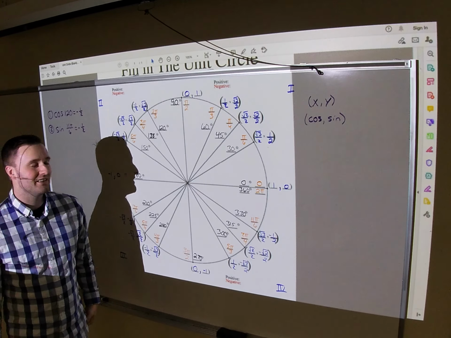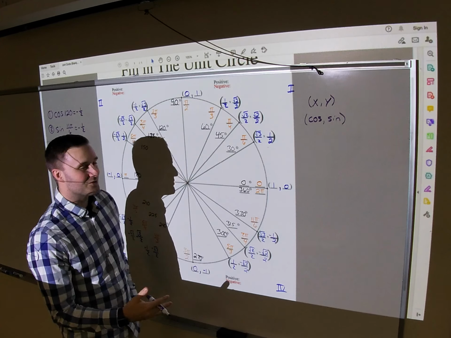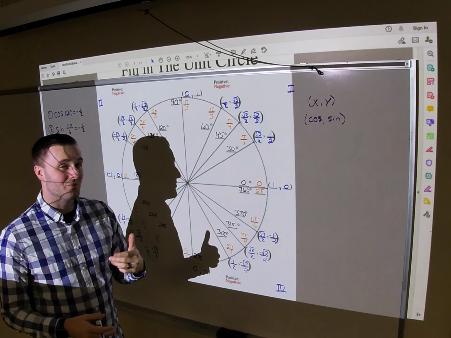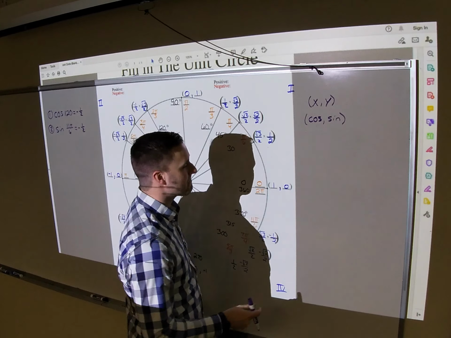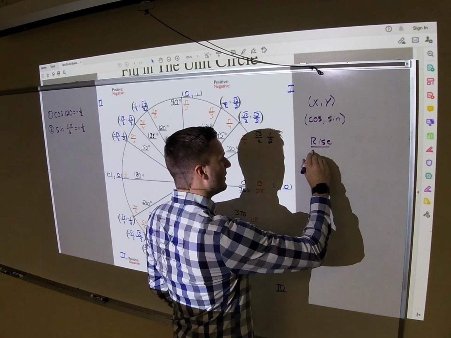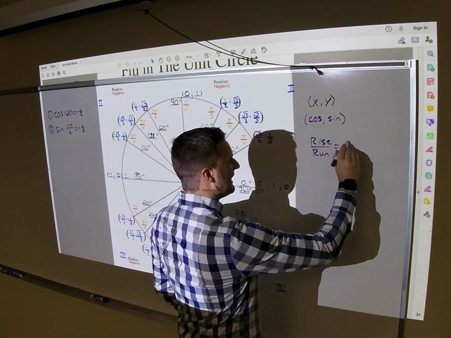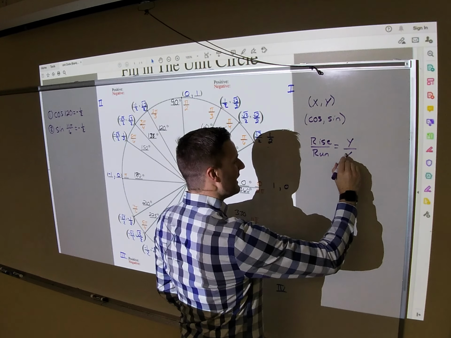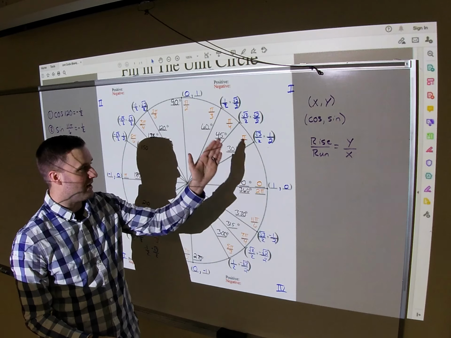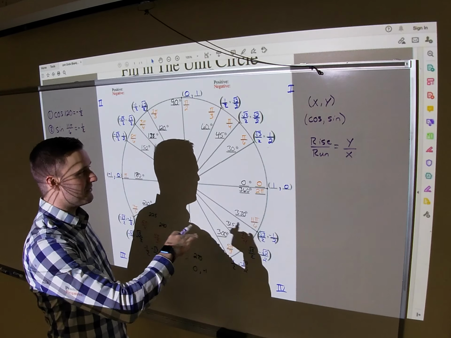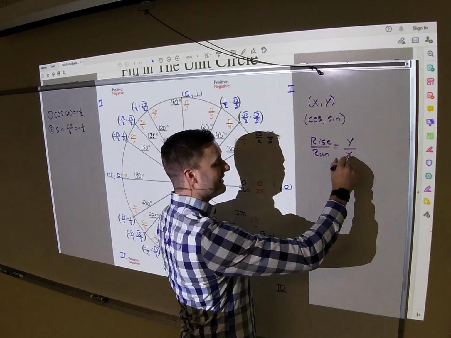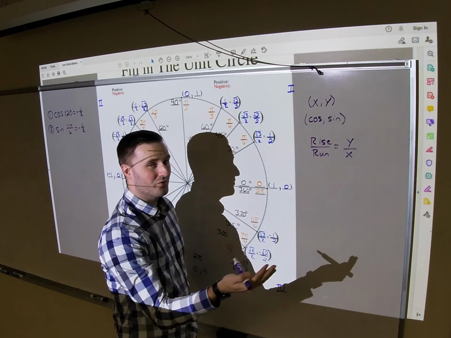Now there's one more thing that I want to show you. When we think of slope of this line, we think of rise over run. Now, another way you could think of that is y over x, because our up and down is our rise, that's our y-axis, and our left and right, or our run, would be our x-axis. So up and down, left and right. So rise over run.